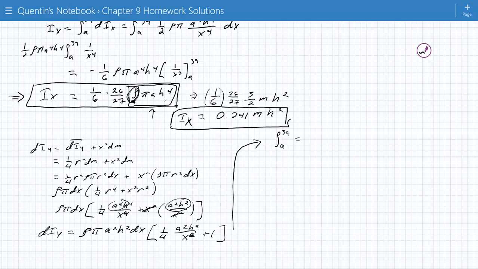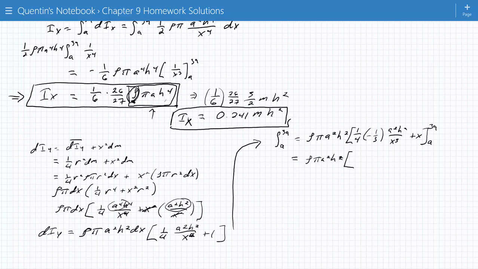And so you end up getting rho pi a squared h squared. I can put that dx in there while I integrate it out, and you end up with 1/4 bracket 1/4 of then minus 1/3 a squared h squared over x cubed plus x, and all this needs to be evaluated from a to 3a. Okay, and it is, again, rho pi a squared h squared.